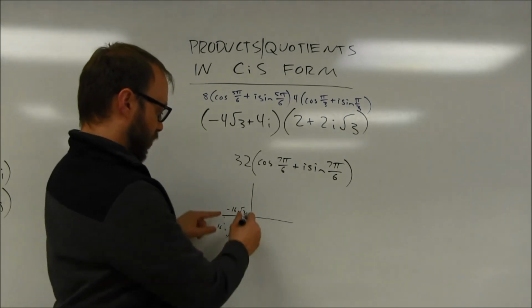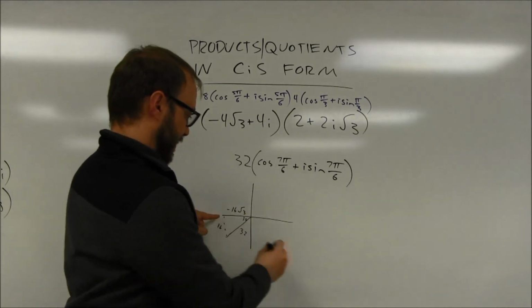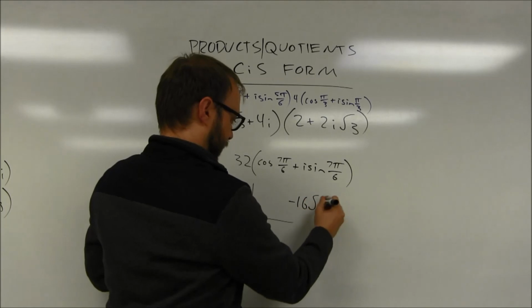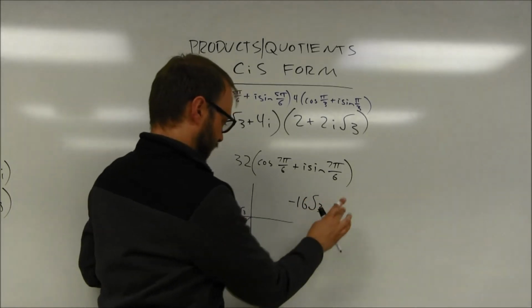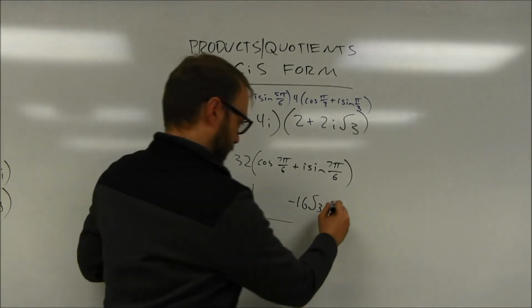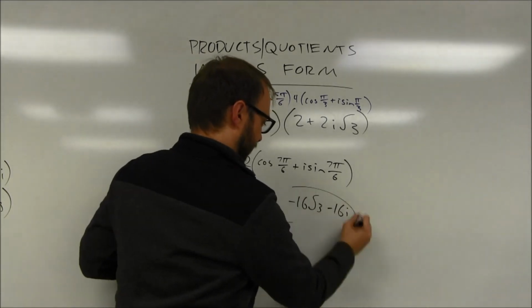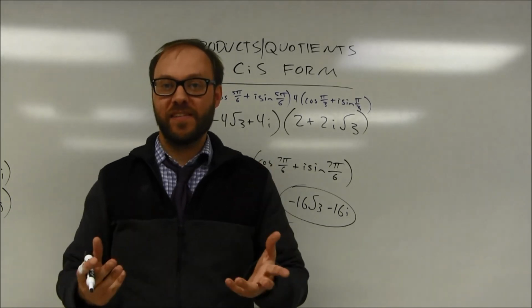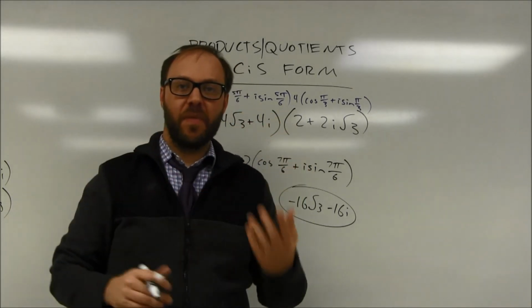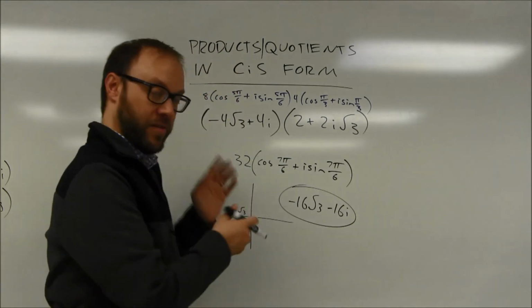Remember, you've got a real value along the x-axis, and that would be negative 16 radical 3, plus, actually in this case it would be minus 16i as the result. So anyway, not saying this is faster necessarily, but you need to be able to convert back and forth between forms, and that's how it would work in this case.